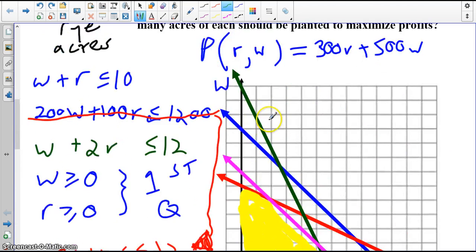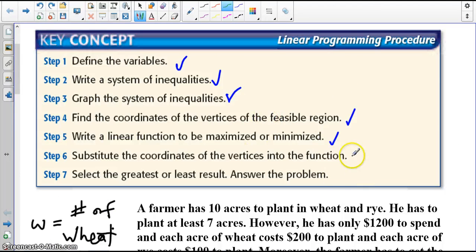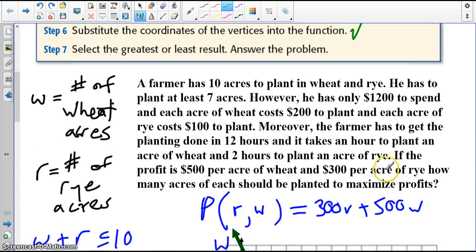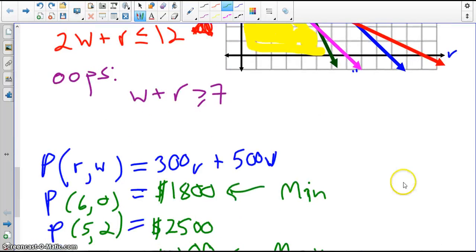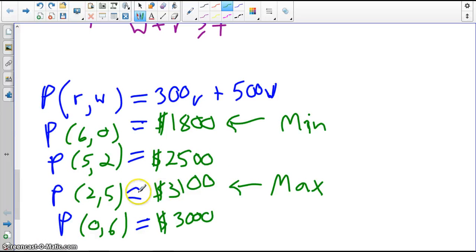So actually after we do that, let me go back up here. We've substituted the coordinates into the function. We just did that, and then actually answer the problem. So we got to actually go back and finally read it. How many acres of each should be planted? So it wants to know what combo works best. It doesn't want to know that the max profit is 3,100. It wants to know that we're going to do 2 acres of rye and 5 acres of wheat.